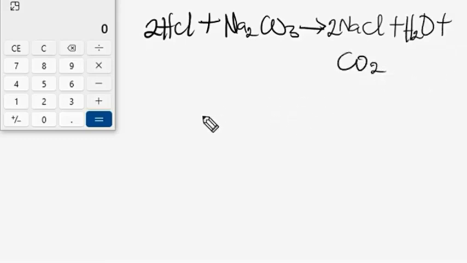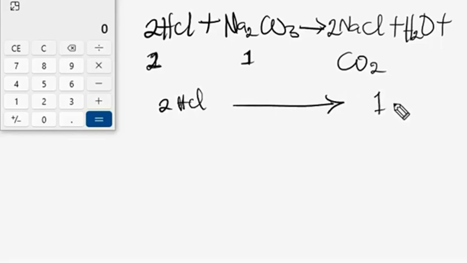So guys, with this we know that 2 moles of this will require 1 of this. So in that case, we can simply state it out here. 2 moles of HCl requires 1 mole of sodium trioxocarbonate(IV).